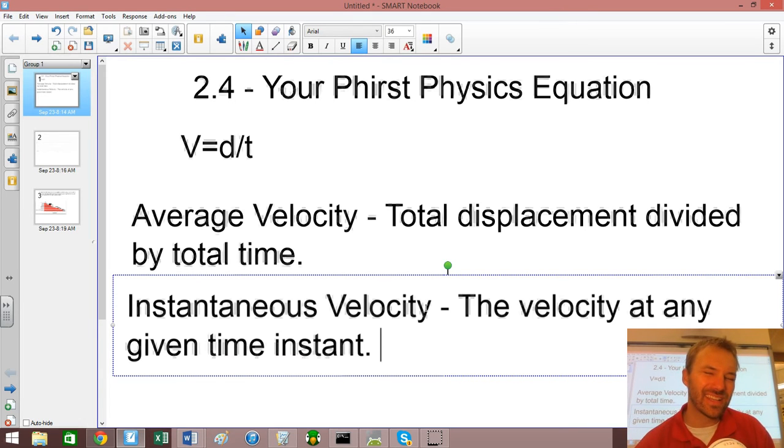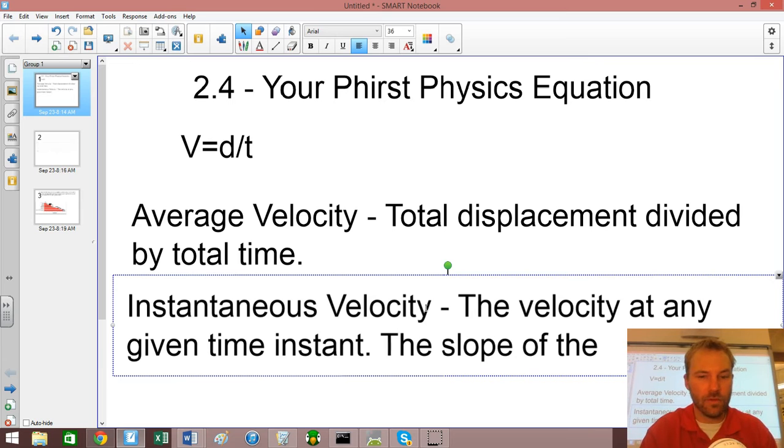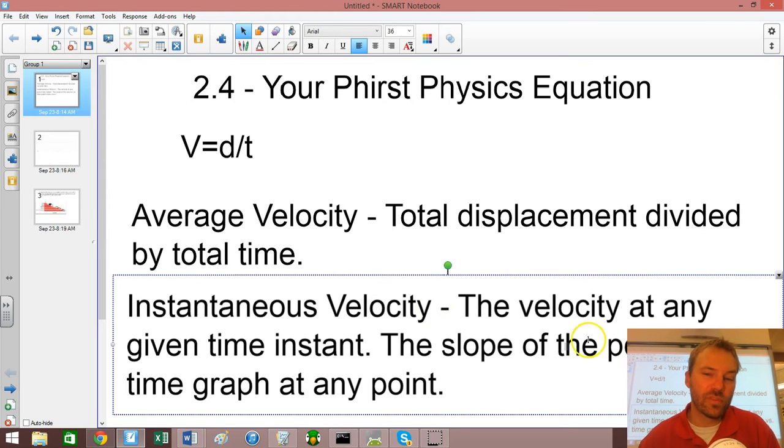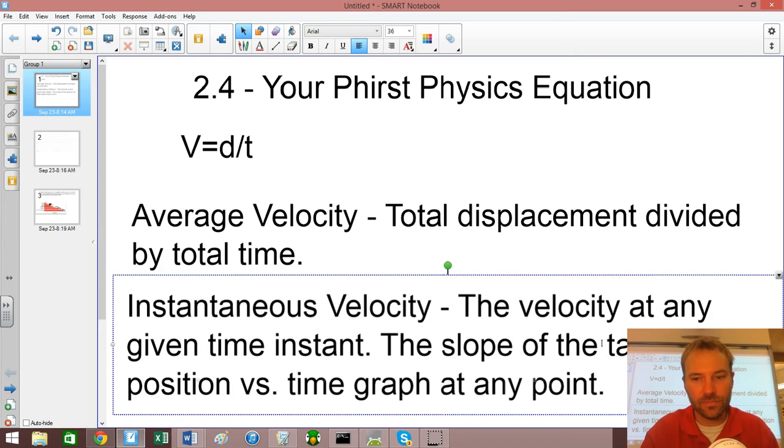Another way to do it, some people call it, it's the slope of the position versus time graph at any point. Not only is it the slope of the position versus time graph, it's the slope of the tangent of the position versus time graph at any point.